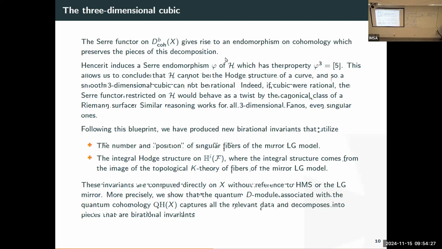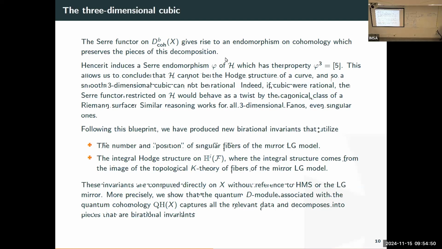And so this cannot be the Serre functor associated with the whole diamond of any Riemann surface. So that already tells you that if you have this splitting as a birational invariant, this three-dimensional Fano cannot be rational. And that's true in all of these classical examples of Fanos that have been studied 50 years ago.